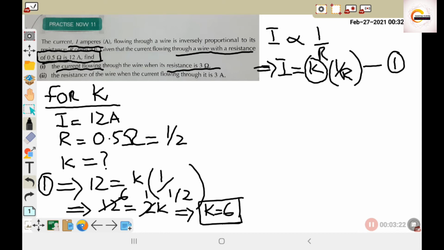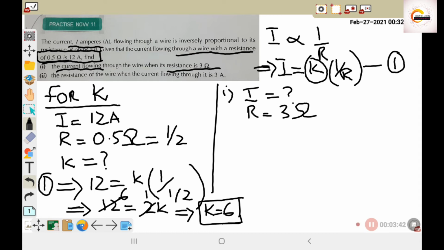Alright, now let's solve the problem. Let's get back to our part 1. We have to find out the value of I in amperes when resistance is 3 ohms and the value of K is 6.